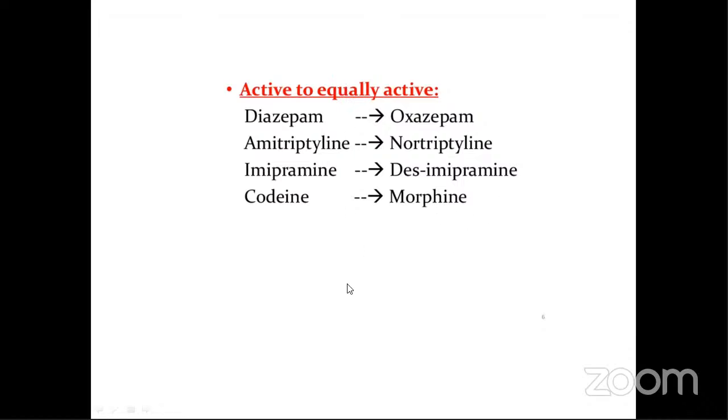So these are the examples you remember. Which of the following drugs are equally active after the metabolic process? Diazepam to oxazepam, amitriptyline to nortriptyline, imipramine to desipramine, codeine to morphine. Only a slight change in their chemical structures. So those things you have to remember.